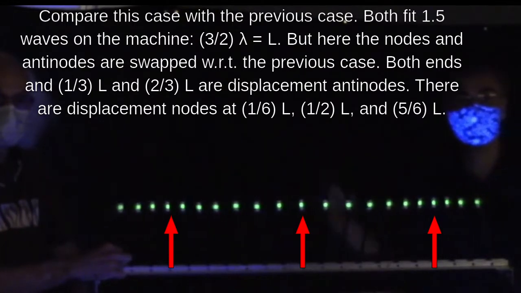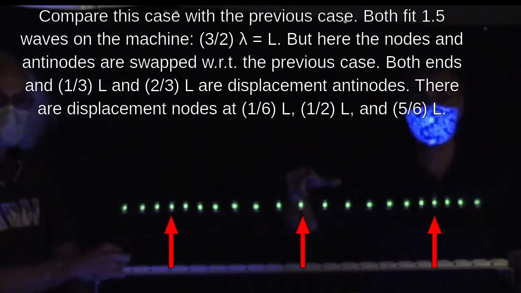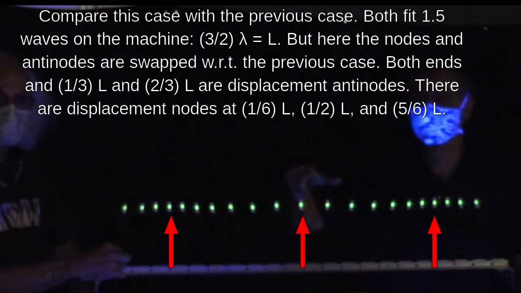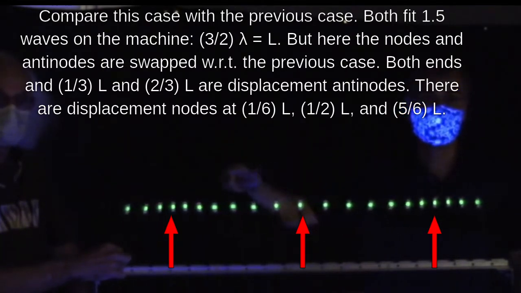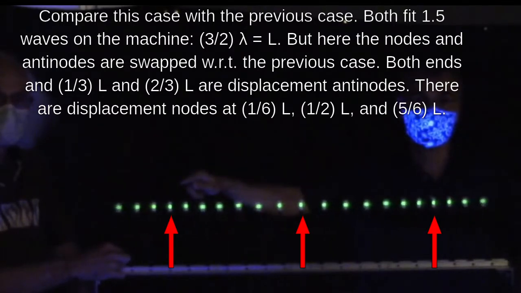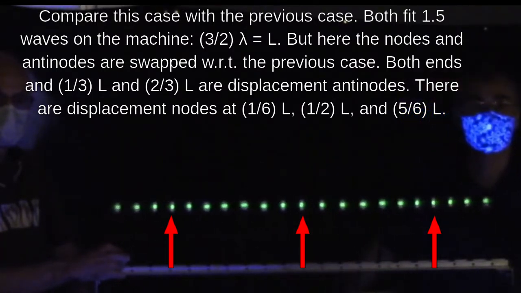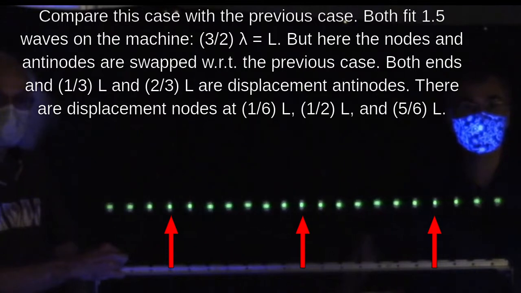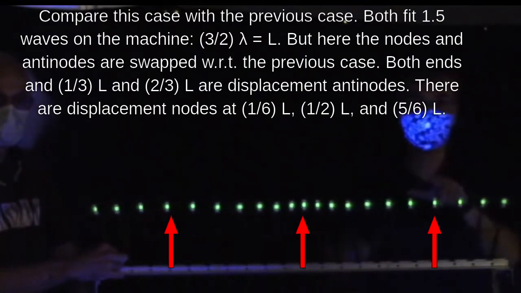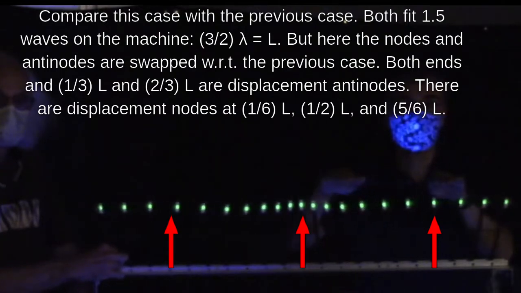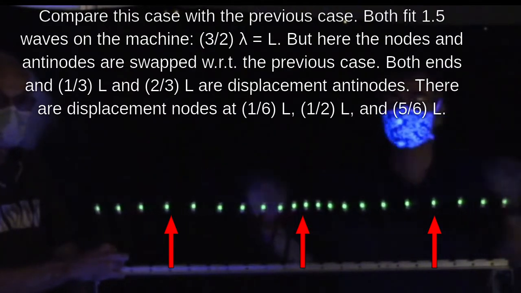Yeah, so it seems like we have a node in the middle, antinode. This is kind of like an organ pipe open at the two ends. Yeah, it seems like there's kind of a node here, and there's kind of a node here. Yeah, but we have antinodes at the two ends at least. And then three nodes, right? One in the middle. Yeah, I think there's a node here, a node here, and a node here.